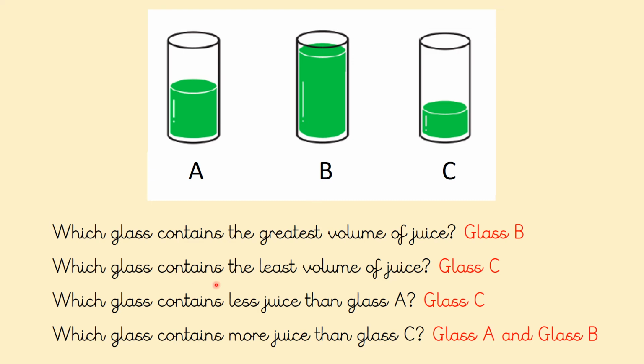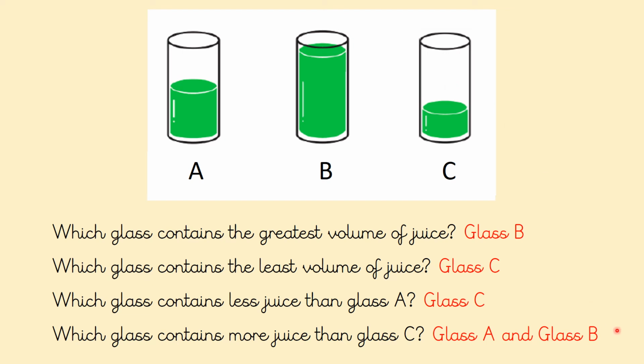Which glass contains less juice than glass A? So glass A has juice up to here. If I go across, again trying to be as straight as possible, well, glass B does not have less juice than glass A because the juice goes up much higher in the glass. If I keep going across to compare glass C, yeah, glass C definitely has less juice than glass A because the juice of glass A comes up to here where my red dot is, but the juice in glass C doesn't go up that high, so there is less.